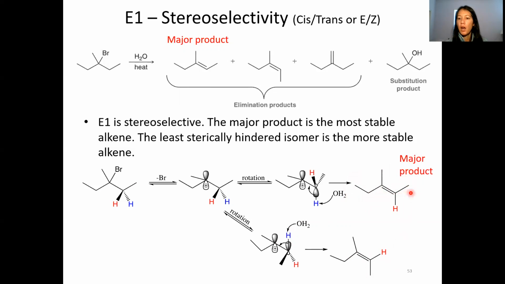Sorry for that. So methyl here, trans as far away as possible from ethyl. And then here, the methyl is cis to the ethyl. So there's more sterics in this situation. So that's why this is not preferred. These are bumping into each other more. And this is preferred because methyl's away from ethyl.